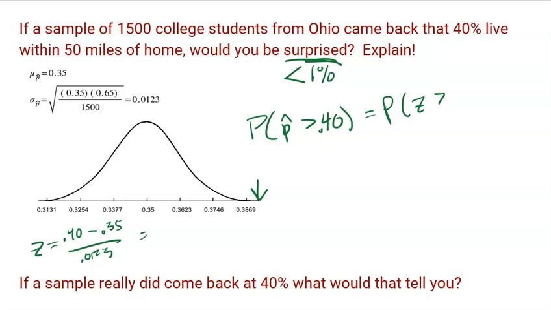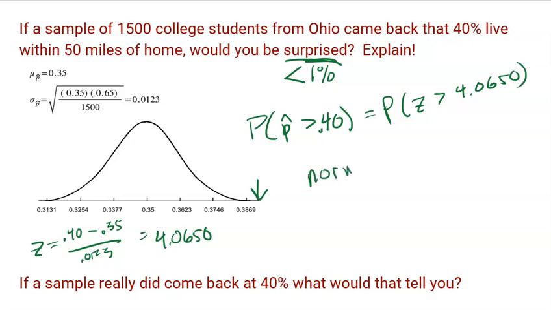So, it's going to be taking the difference, 0.4 minus 0.35, divided by 0.0123, and you get a z-score of 4.0650, which, like I said, is off the charts, unbelievably high.